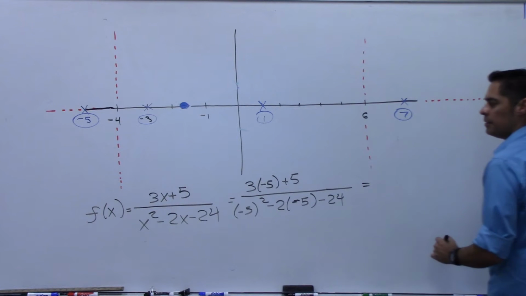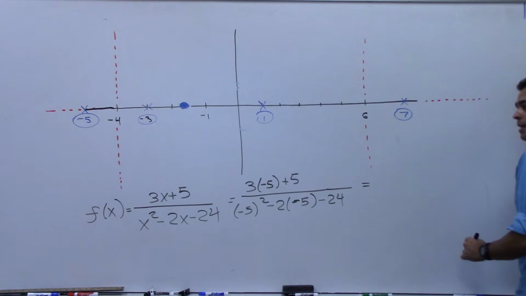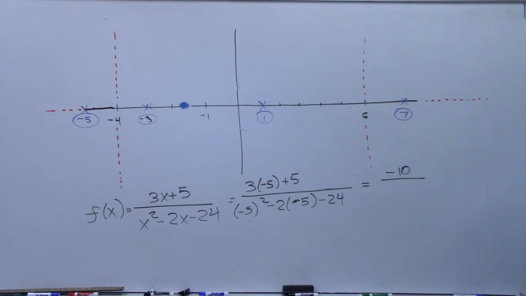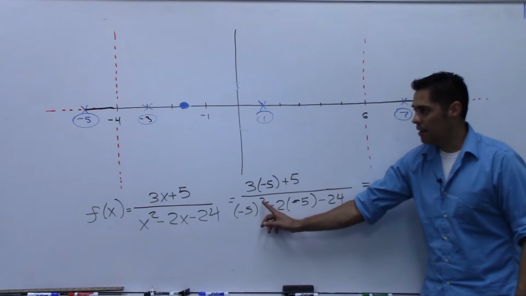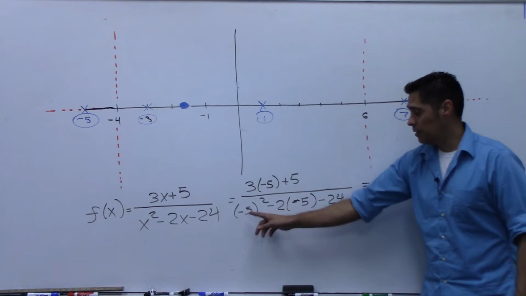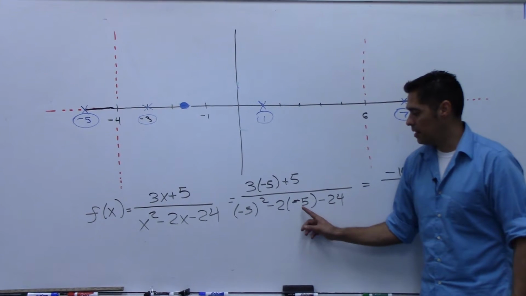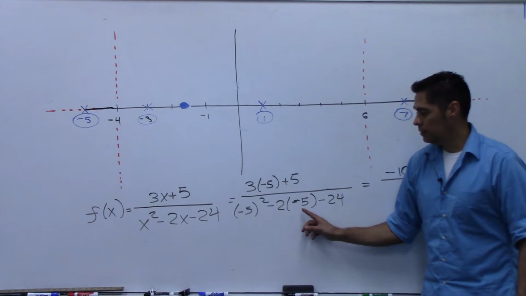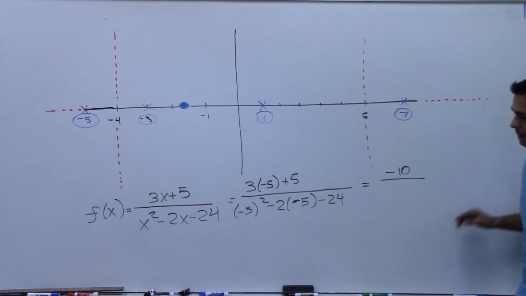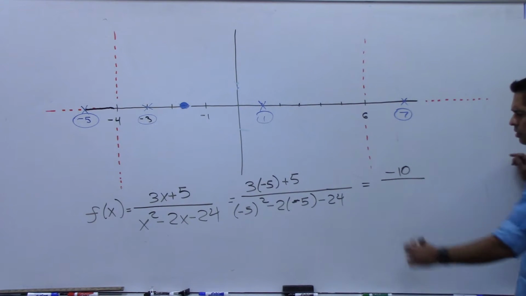Numerator is -15 plus 5, -10 over 25 plus 10, right, 25 plus 10, 35 minus 9, minus 24 is what? 11. Should get 11.